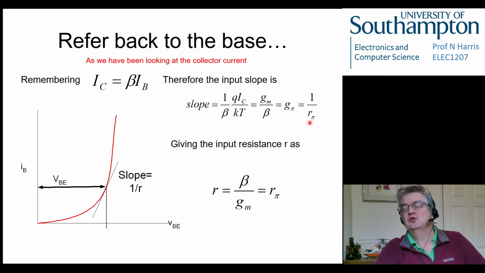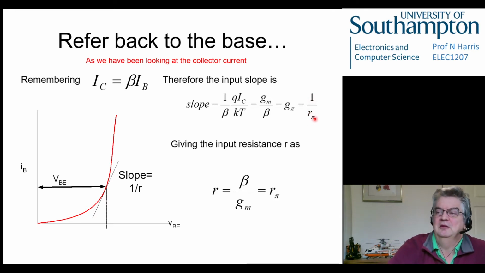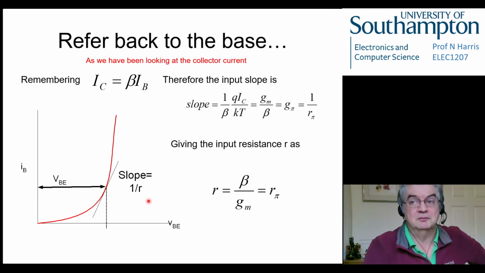So this could be the equivalent of a resistance of value 1 over G pi, and we just call it R pi. So this just gives the input resistance as R pi, which is 1 over conductance. That's all we're doing. It's really just two sides of the same curve. And the reason why we want this one to be a resistance is because when we put it in the model, we'd like to be able to draw a resistor.